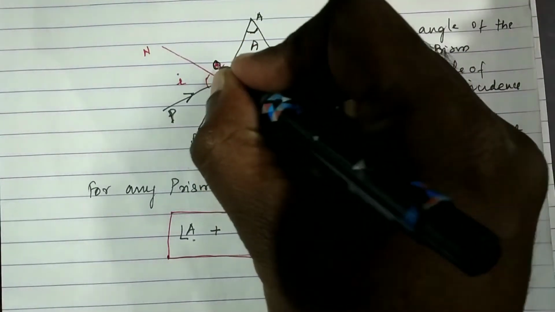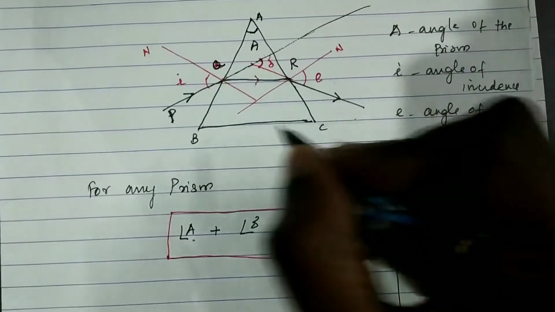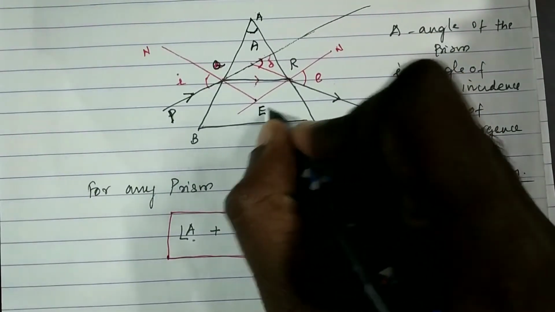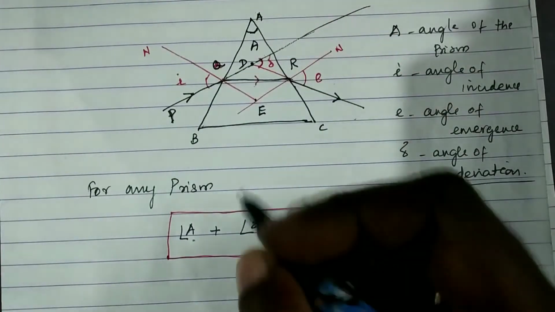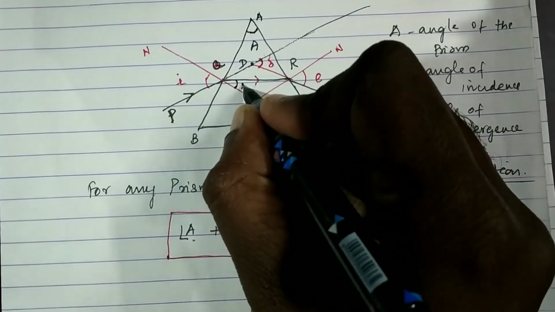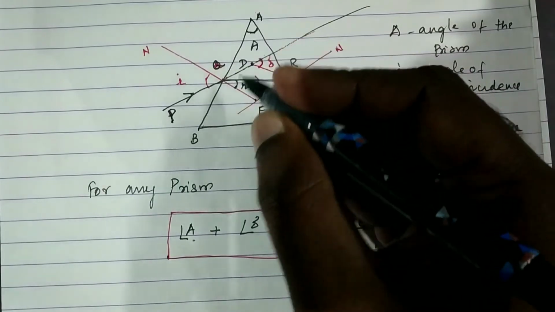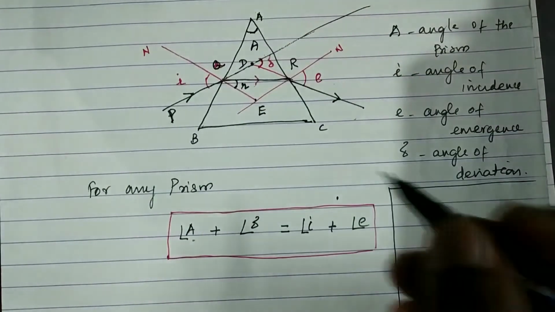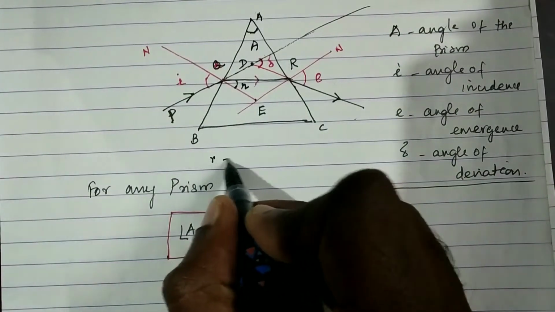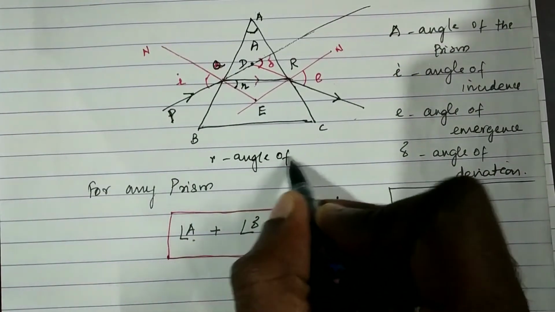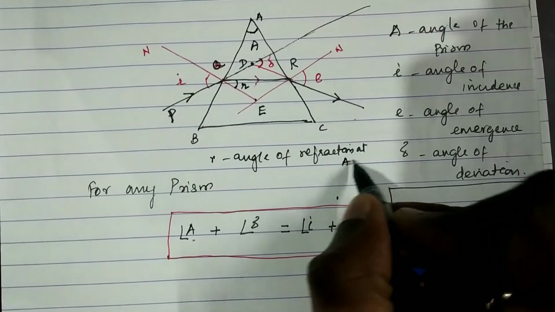This point be Q and this point be R. And this be E and this point be D. And this is the angle of refraction at the first surface. Angle of refraction at the surface AB. So r is angle of refraction at AB.